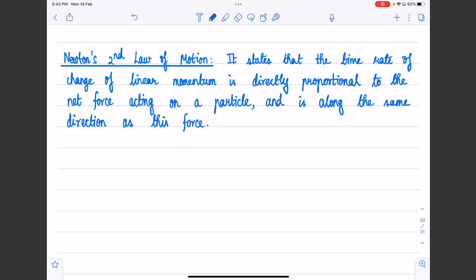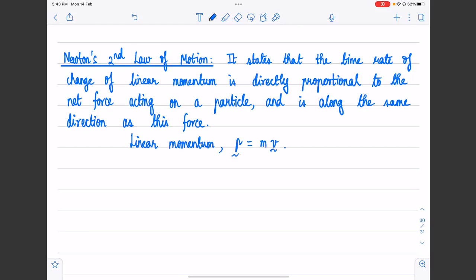So Newton's second law of motion states that the time rate of change of linear momentum is directly proportional to the net force acting on a particle and is along the same direction as this force. In fact, the linear momentum, which is once again a vector quantity, by the way, I hope all of us remember our notation, right? When we put a tilde underneath a lowercase character, that represents a vector.